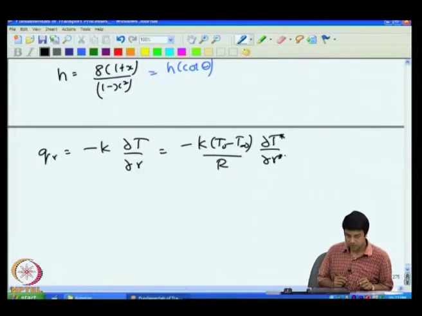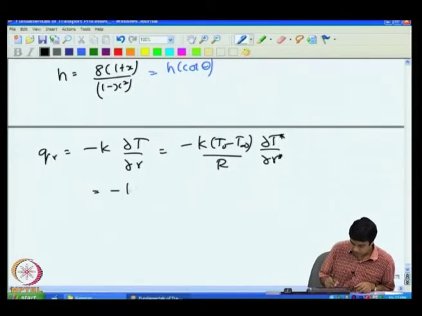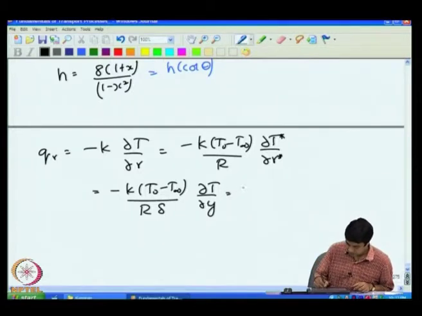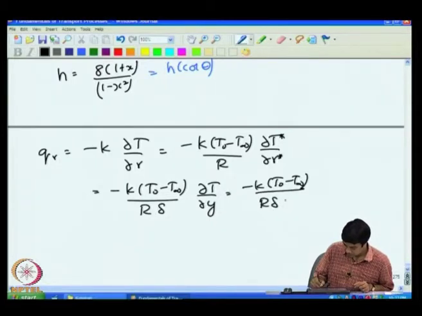Write r star in terms of delta and y. So, this becomes minus k into (T naught minus T infinity) by r delta, partial T by partial y. Change variables from y to eta. So, this is equal to minus k (T naught minus T infinity) by r delta times h of theta into partial T by partial eta.